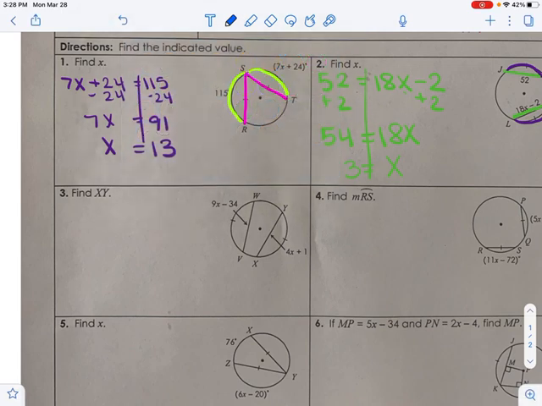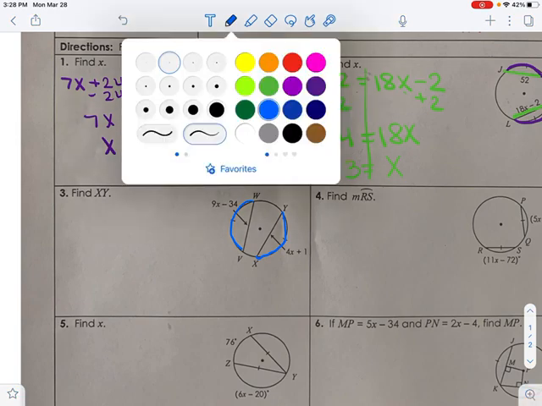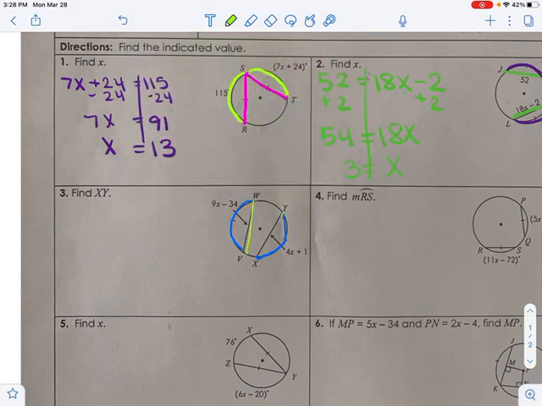In number 3, we have those marked arcs and we have the labeled chords. So go ahead and set them equal to each other. Subtract 4x from both sides, and 34.